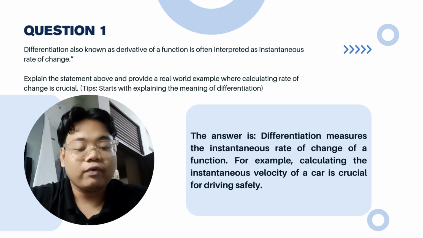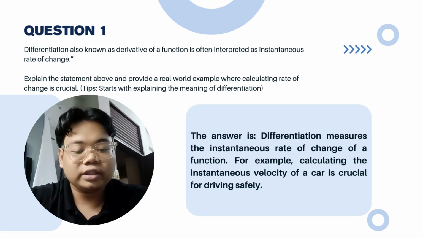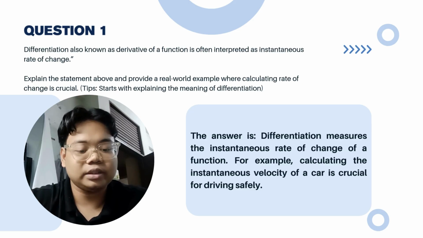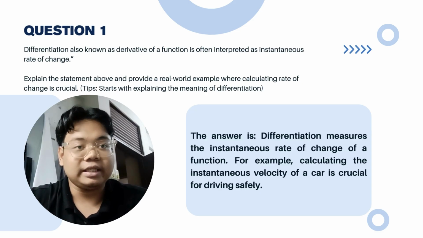For example, ds over dt is velocity. Consider the motion of a car. The car's position, s of t, changes with time. The derivative of the position function is ds over dt.